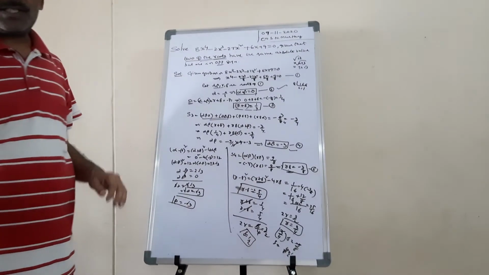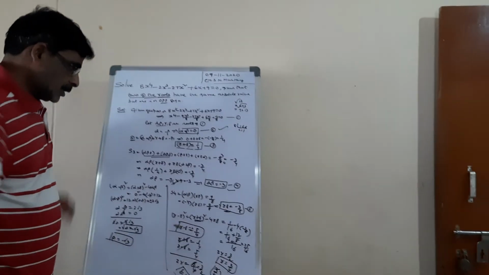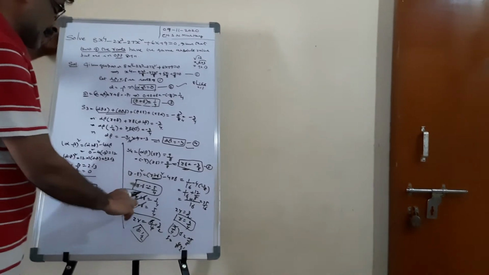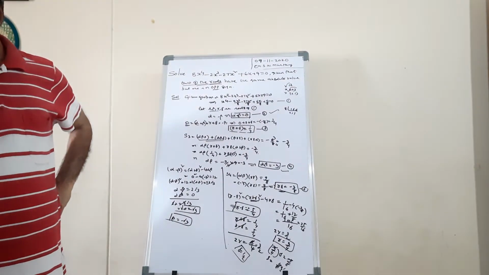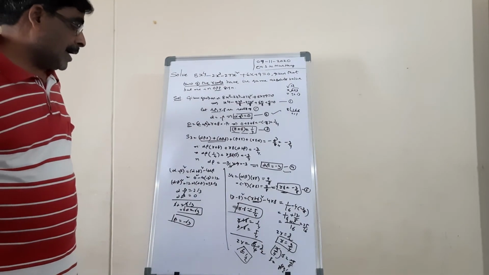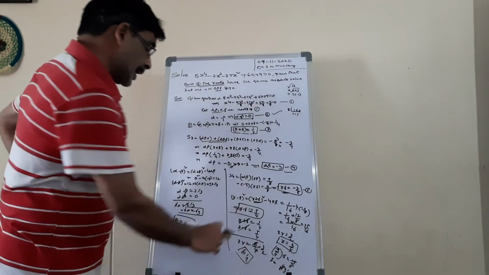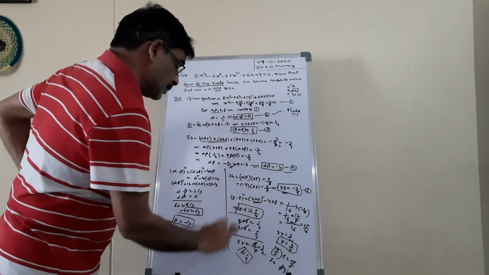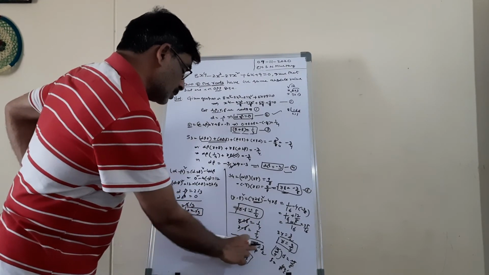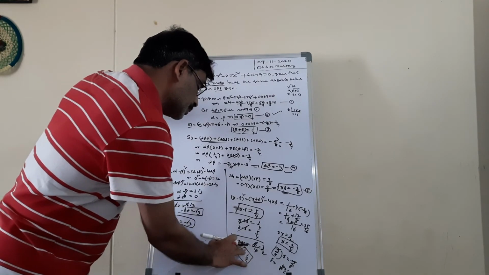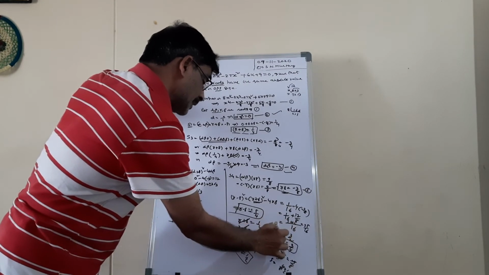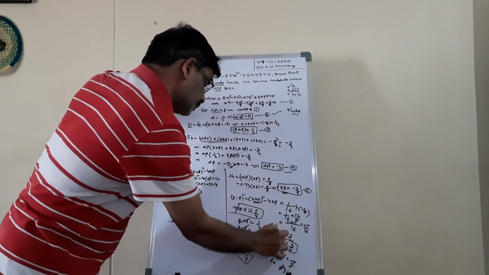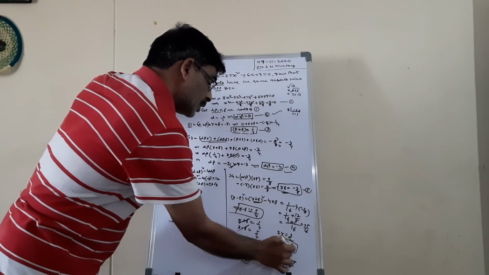Let me check all these values again. Gamma plus delta equal to 1 by 4, gamma minus delta equal to 5 by 4. Adding, 2 gamma equal to 6 by 4, which is 3 by 2, so gamma equal to 3 by 4.